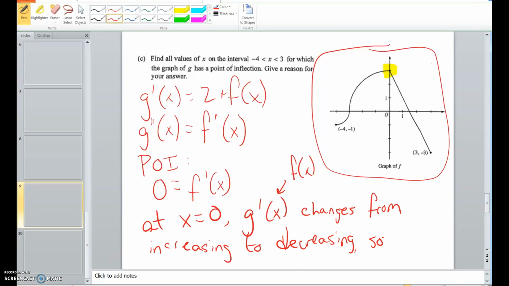So g of x, the original function, has a point of inflection at x equals 0. Okay. So that's pretty much it.